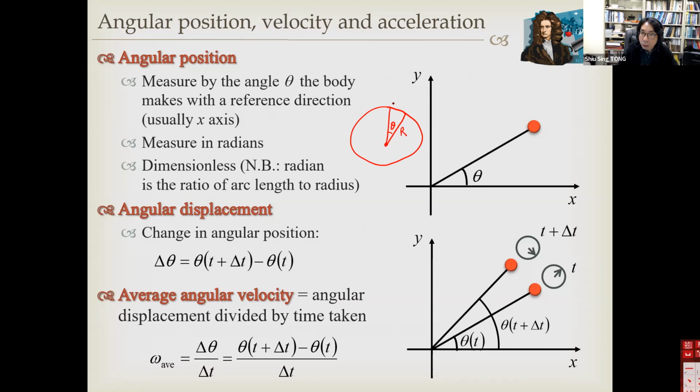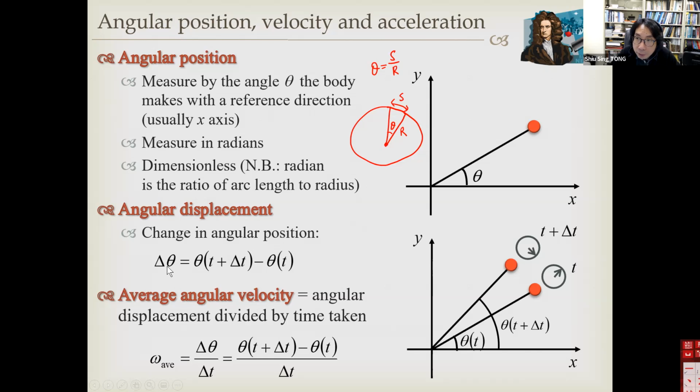This is radius r, and this is s, the arc length subtended on the circle. You have the radian defined as s over r. And that means the radian is dimensionless because s and r both carry a dimension of length. So s over r is dimensionless. So radian is dimensionless.